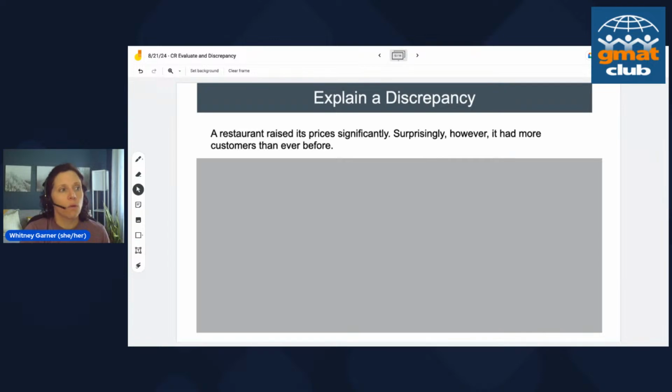Right? The discrepancy is this idea that on its face, this relationship might seem counterintuitive: if I'm increasing my prices, I should expect to have people leave. Price and demand work in opposite directions.